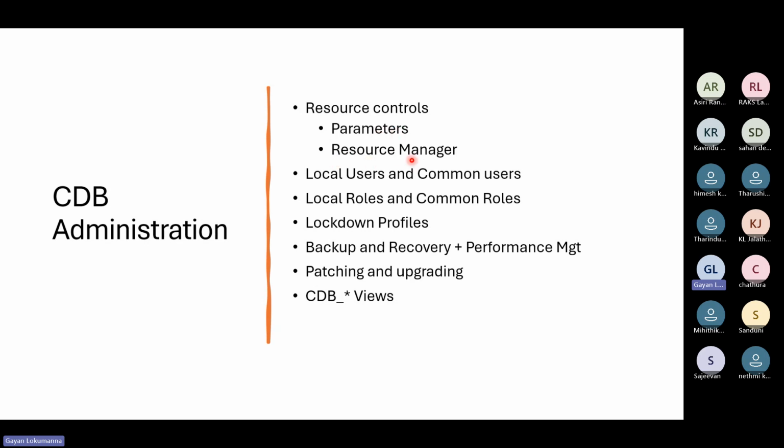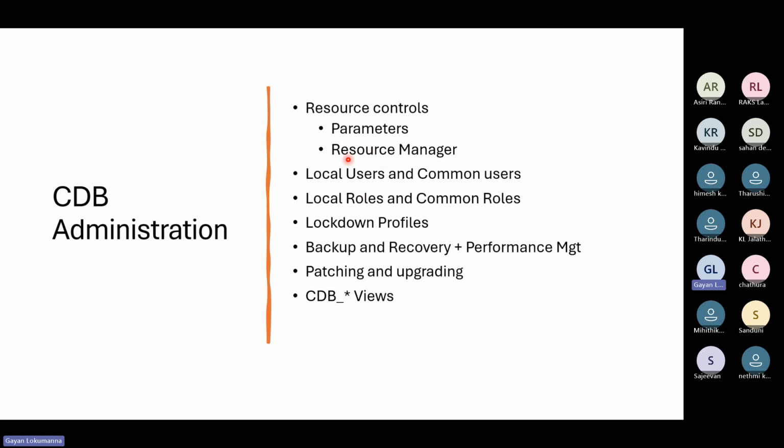And then you also have something called resource manager. Resource manager is again a separate topic. We can define at a very high level what we call shares. So I could say that I have 5 pluggable databases running in my container database, and this is how the resource allocation should take place. As an example, out of 20 CPUs that I have in my database, 20% of the CPU time has to be allocated to PDB1, just 5% to PDB2.